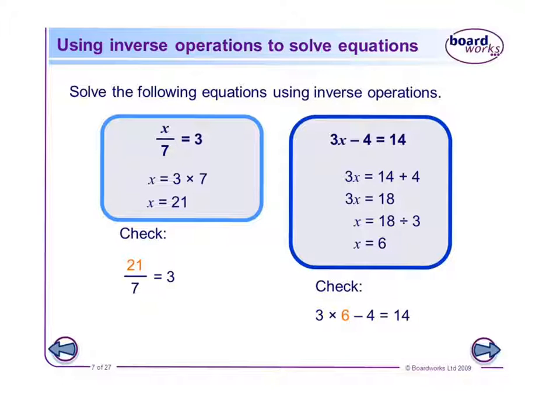And then we can check that. It's not showing that we got rid of the 3 by dividing, because it just ensues that when you divide by 3, you're going to end up with x, and then you have 18 divided by 3 over there.